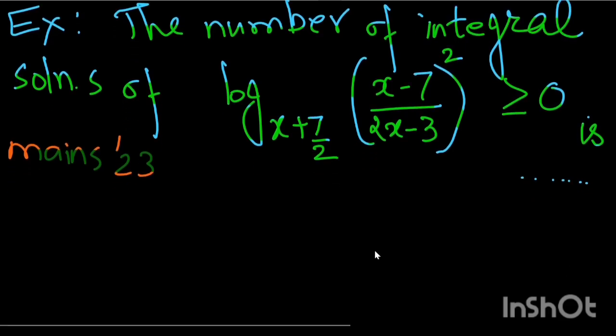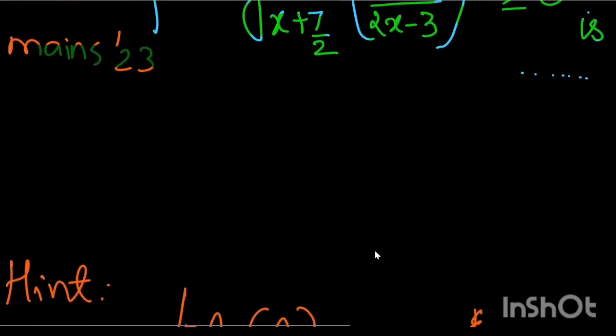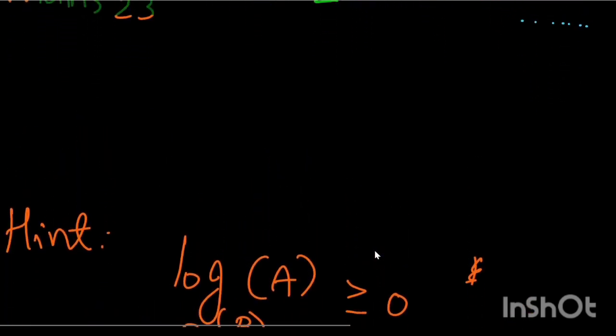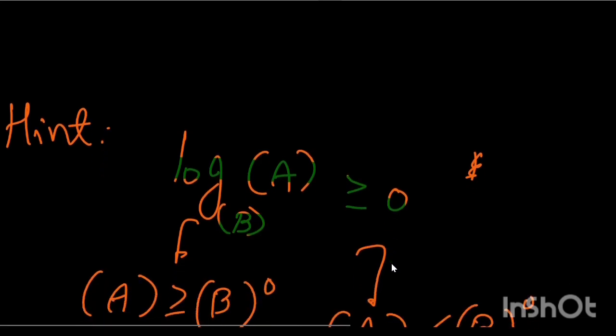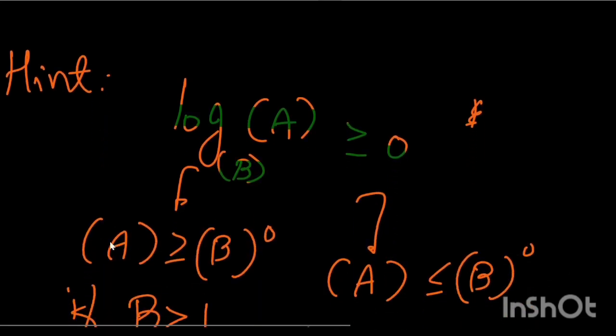Okay, so how should be the approach, what should be the hint to this problem, guys? As you can see, this question is formulated like this: log a base b is greater than or equal to 0. In order to solve it further, since base b is a function of x, which is (x plus 7) by 2, there can be two possibilities: a is greater than or equal to b to the power 0, or a is less than or equal to b to the power 0, depending on what b is.